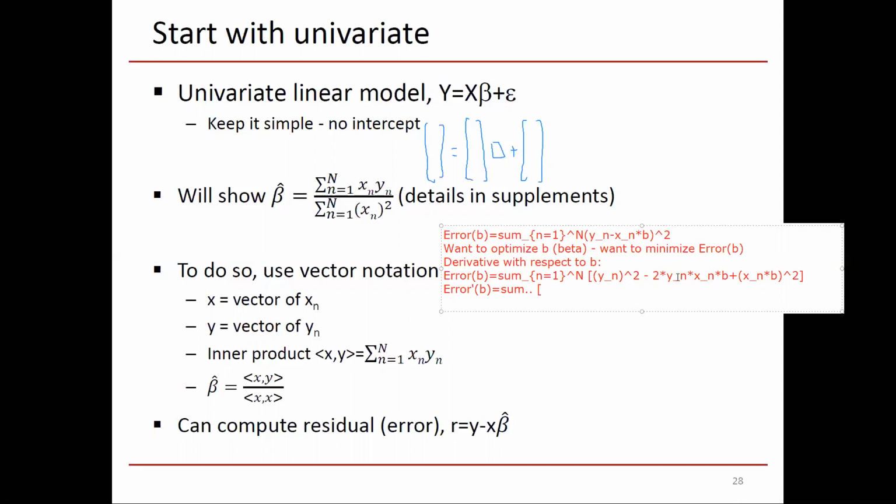The derivative of the second term is, well, we do have a product with beta, so the derivative of minus 2 yn xn beta is minus 2 yn xn. And what about the derivative of the square of xn beta? So that's xn squared beta squared, and the derivative of that is 2 beta times xn squared.